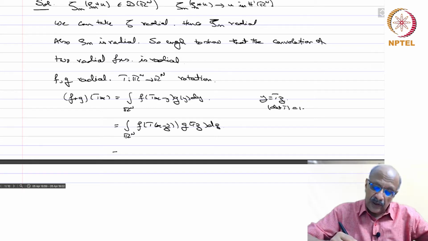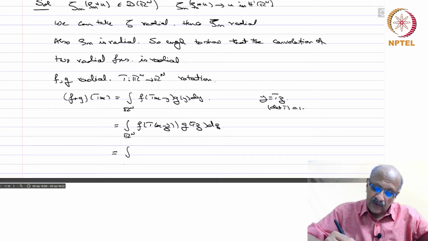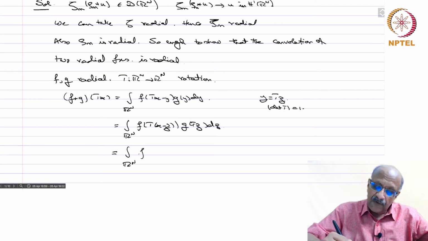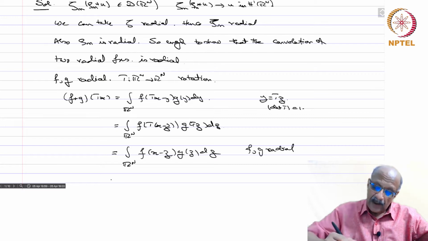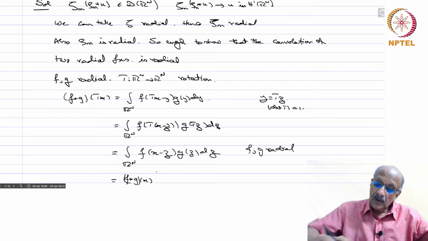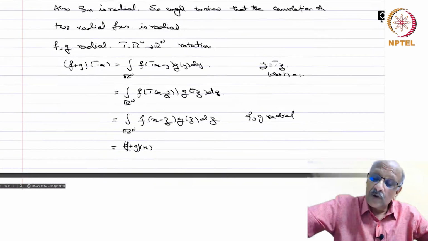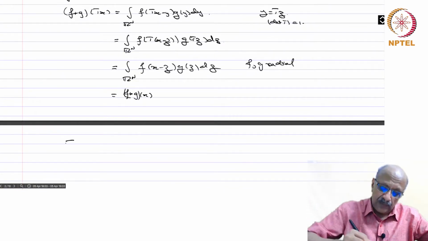And because f and g are now radial, this is equal to the integral over Rn of f of x minus z, g of z, dz, since f, g are radial, and that's equal to f star g of x. And therefore for every rotation you have this, so this implies that f star g is radial.